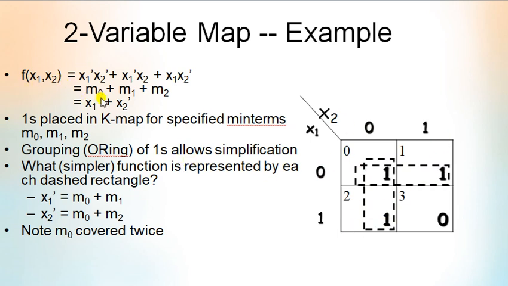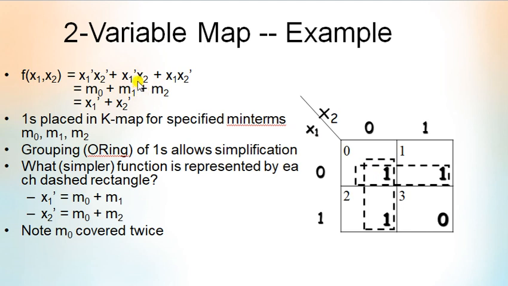For m0, x1 bar x2 bar, that means 0 0. The 0 0 is present in this Boolean expression, so we put 1 in cell 0 0, and the next one is x1 bar x2, that means 0 1.